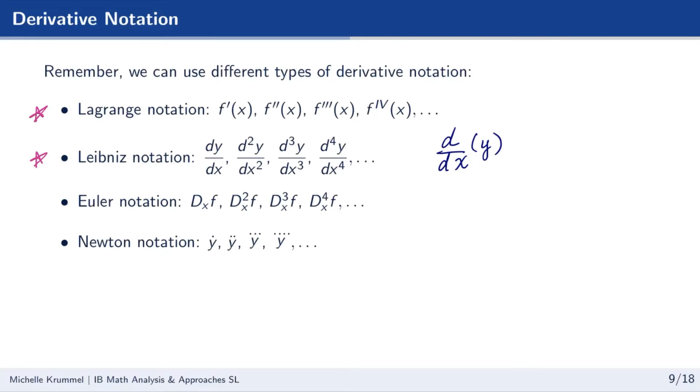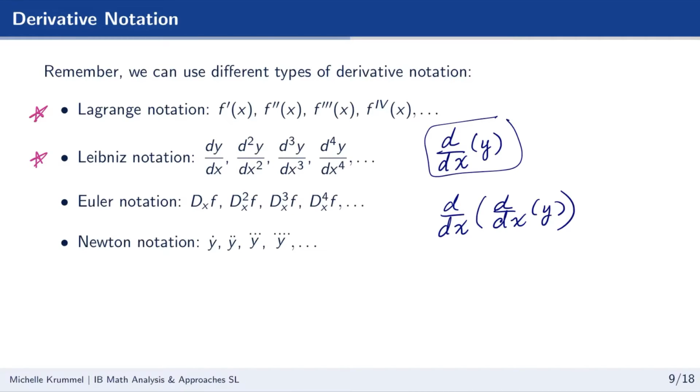So if I want the second derivative, what I'm going to do is d dx, and in parentheses, I put the thing that I want to take the derivative of. I want to take the derivative of the first derivative. And this is the first derivative, so now I get to move that down there. So d dx of dy dx. That would mean the derivative of the first derivative.